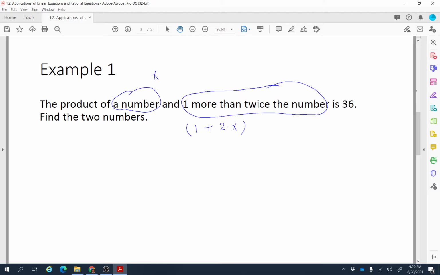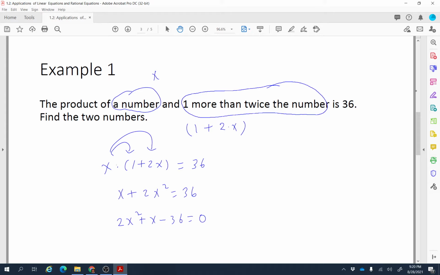According to this problem, the product of x and 1 plus 2x is 36. So now if you just distribute this x, you're going to see that x plus 2x square equals 36. And if we bring this 36 to the left side, we can rewrite this as a quadratic equation. Okay, so now this is the quadratic equation.